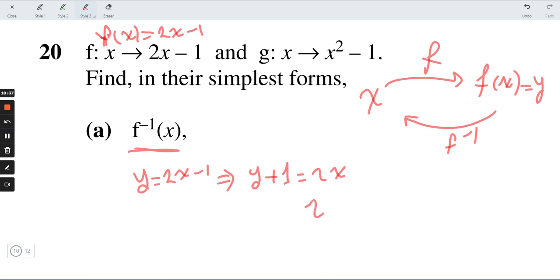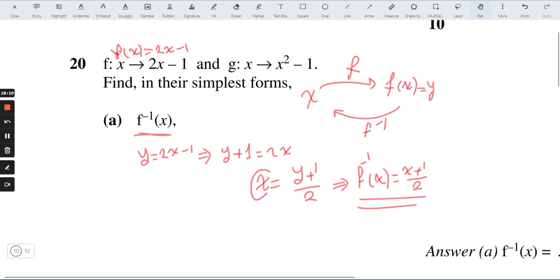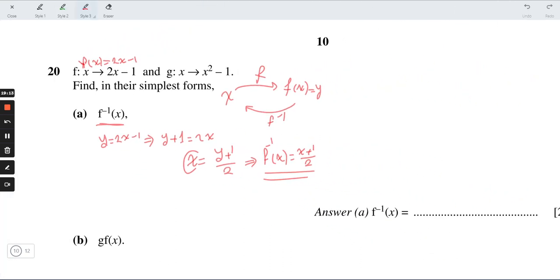That means x equals y plus 1 over 2. Now we could write it as f inverse of x, because f inverse of y is x, so x plus 1 over 2. So this is the f inverse. Now for sure you should write your answer in the space provided, always x plus 1 over 2.